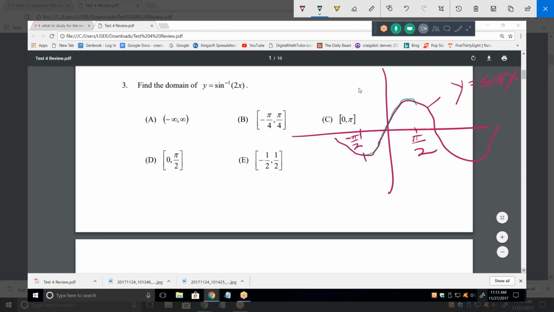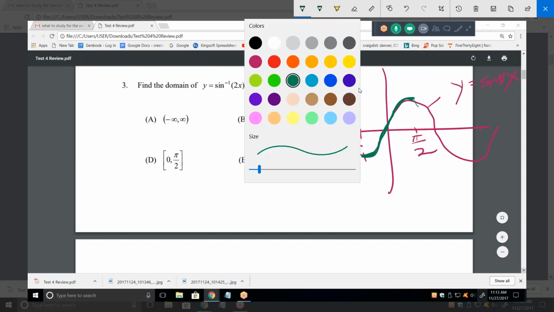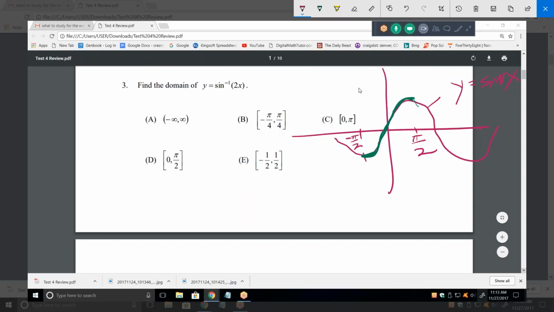Let me use a better color than that. That part of it right there. So when you talk about inverse functions of trig functions, you can't even talk about them being functions unless you restrict the domain. So they do with sine.